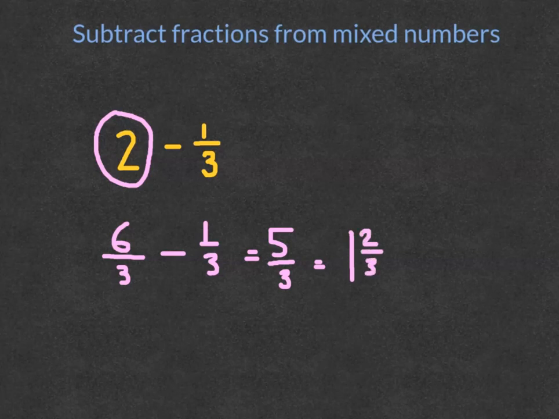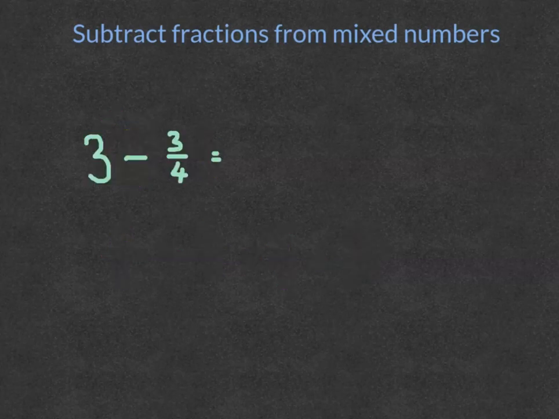Let's have a look at another one of those. Okay, 3, take away 3/4. Our first job is to change that 3, that whole number, into fractions, and the fraction parts that we want are quarters.